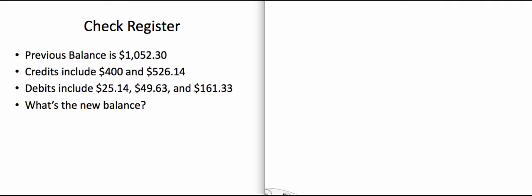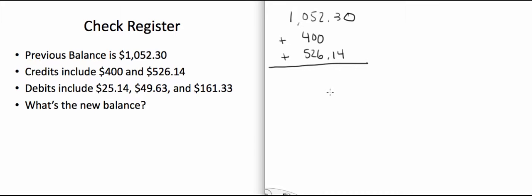All right, so for this second example, we have a previous balance of 1,052.30, and our credits include 400 and 526.14. We know that with credits we're going to add those in, so we add both of those into our total and we get an answer of $1,978.44.